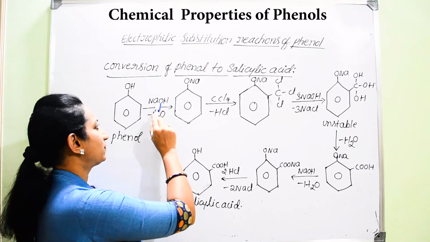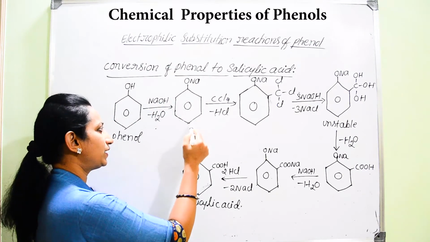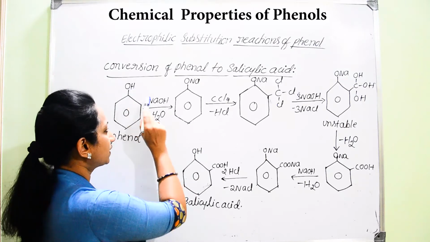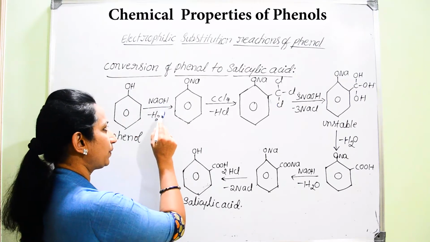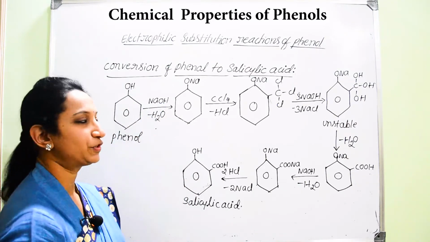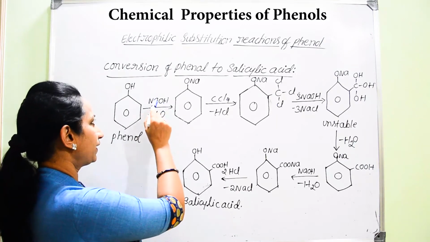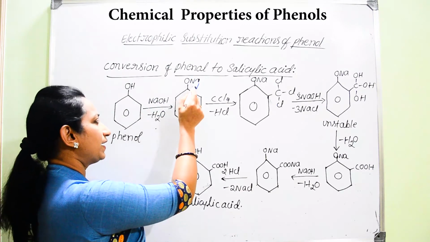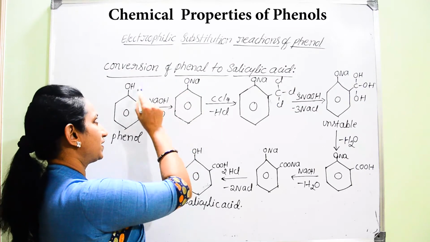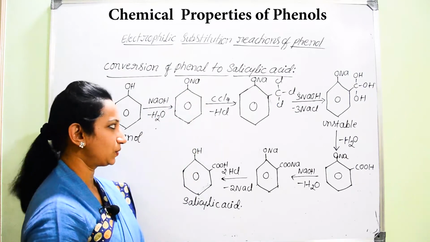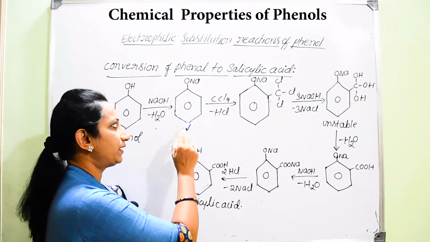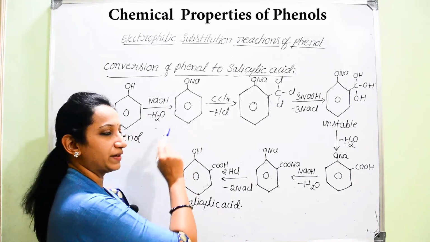So it results in the formation of sodium phenate. Here H combines with OH and it will be removed in the form of water, H2O. And here Na will get attached to the oxygen, that is hydrogen is replaced by sodium. So we are getting the product sodium phenate.